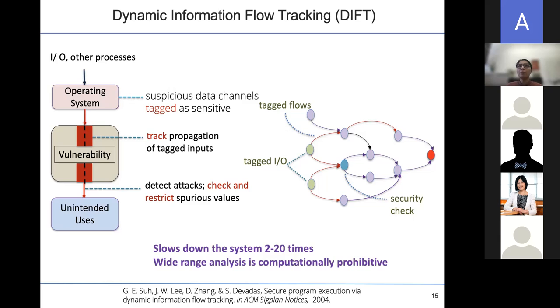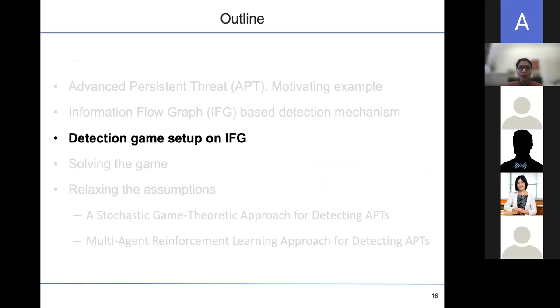How can we come up with an analytical model to bypass this challenge, to make DIFT more resource efficient while maintaining the detection rate quite high? That's where we'll dive into the detection game setup. But if anyone has a question at this point regarding the problem setup, feel free to ask.